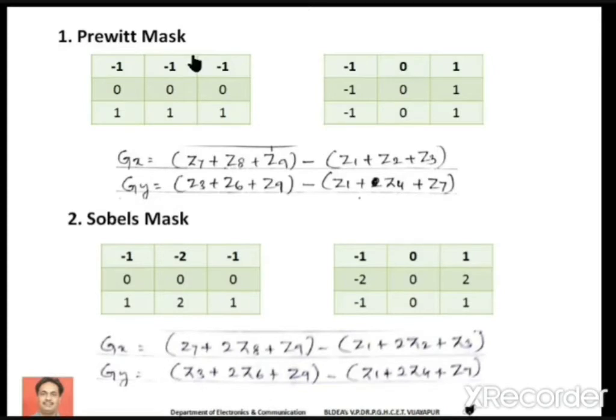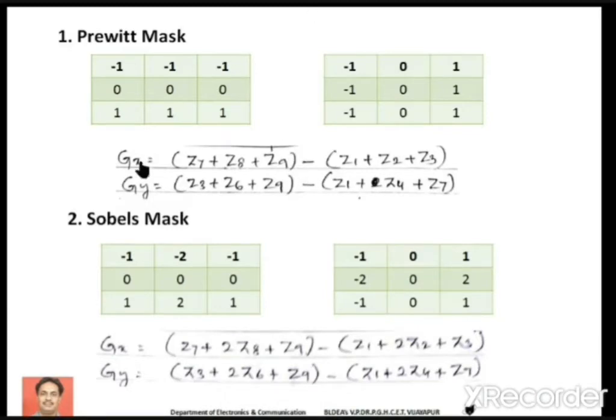Now, using the Prewitt mask, the gradient along x direction gx can be computed as z7 plus z8 plus z9, minus z1, z2 and z3.